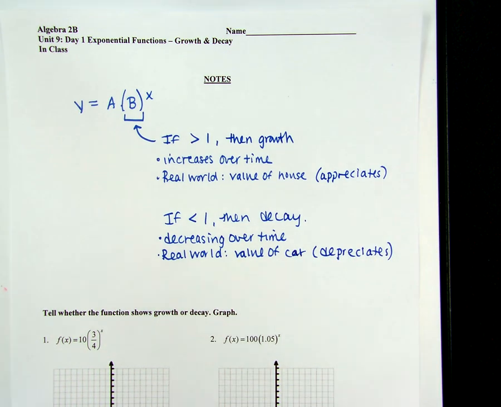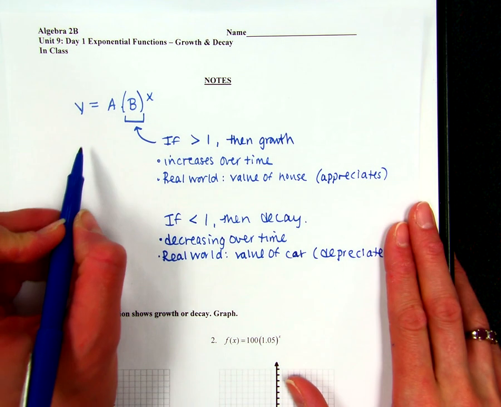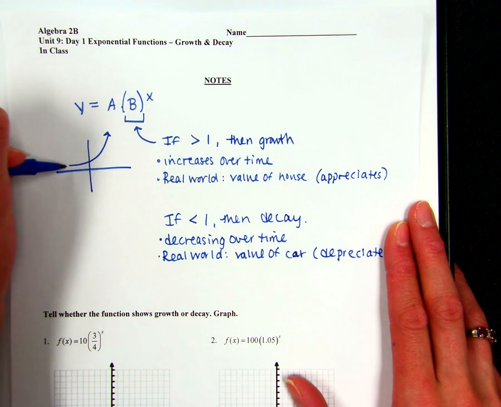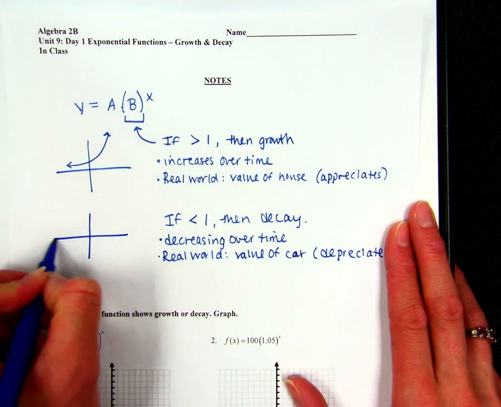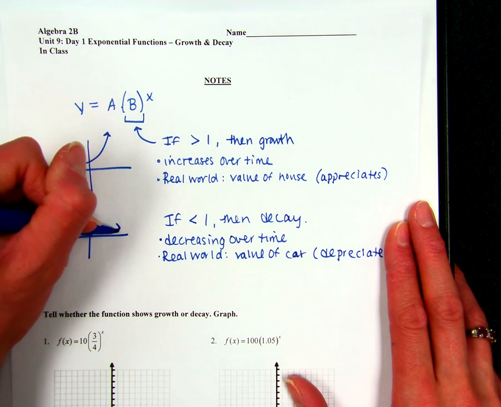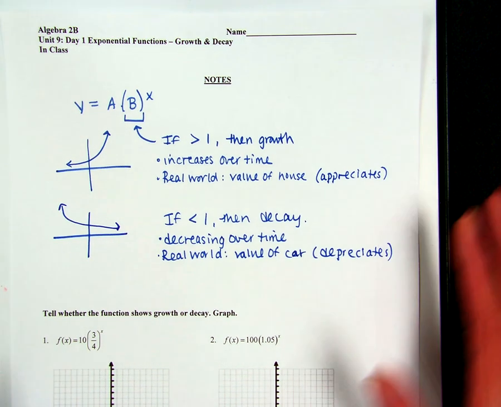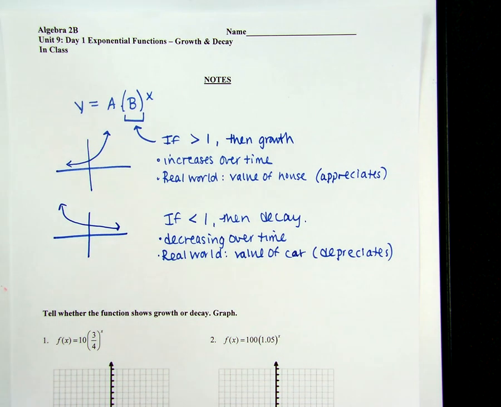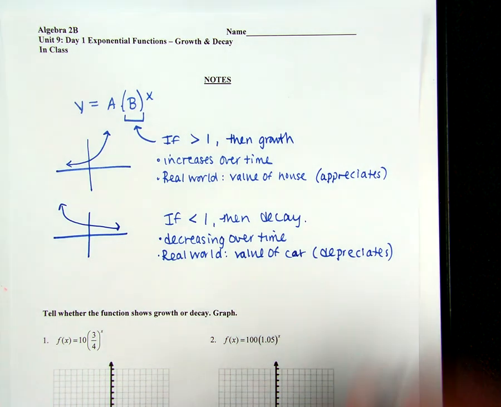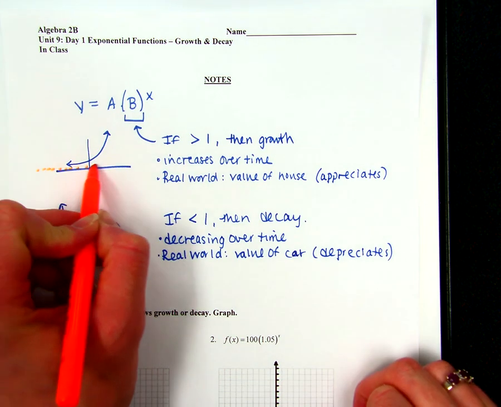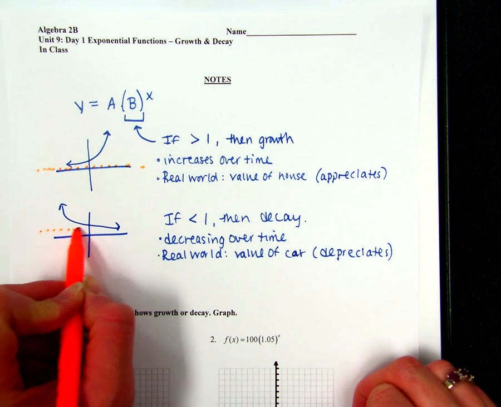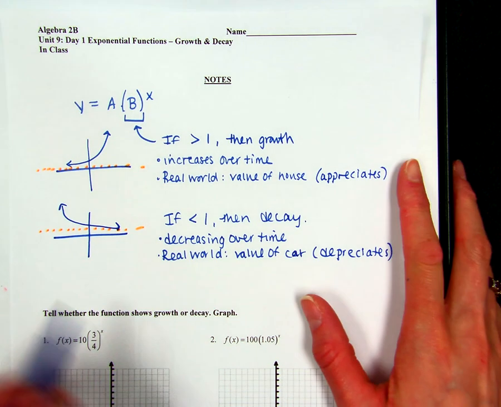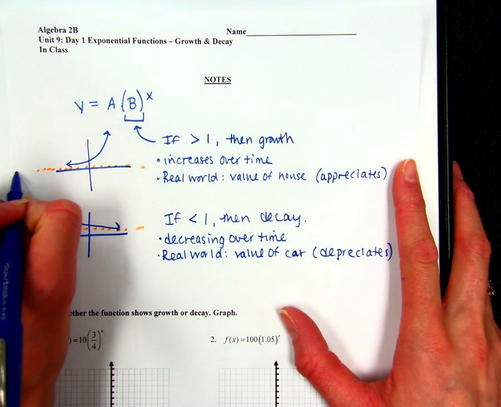The other thing is, these are going to be graphs. On graphs, it's going to look something like this, increasing over time. Here you're going to see it decreasing or going downward over time. Now, there's going to be a line that it approaches called your asymptote. The asymptote is basically an imaginary line, let's say our asymptote is here, that your graph gets closer and closer to without ever touching.